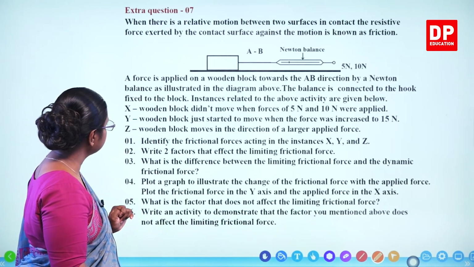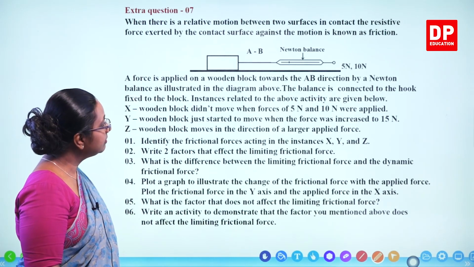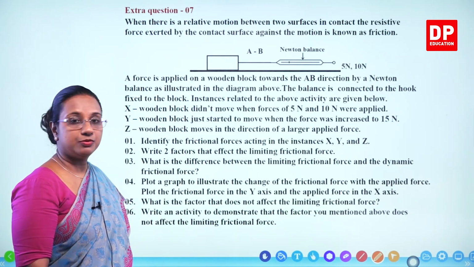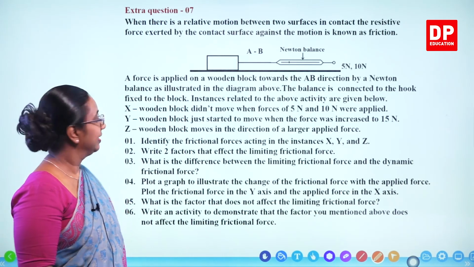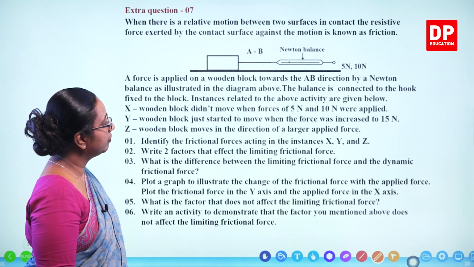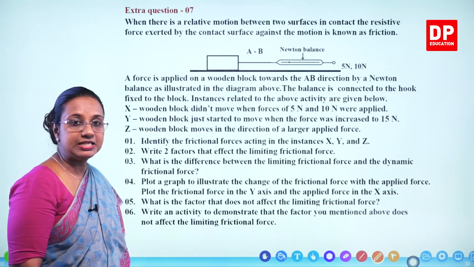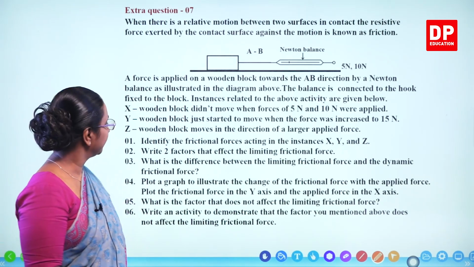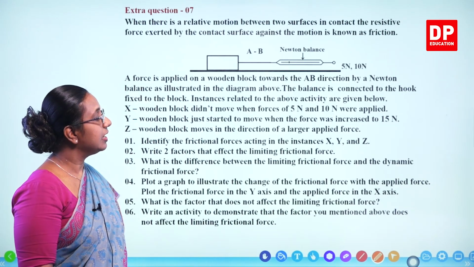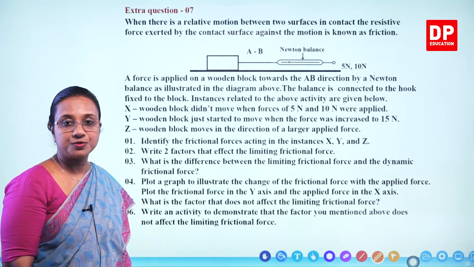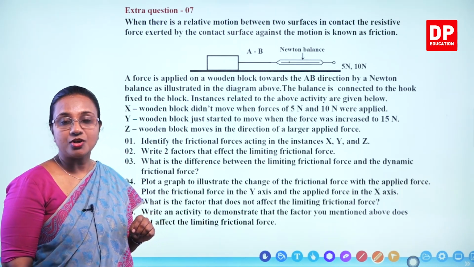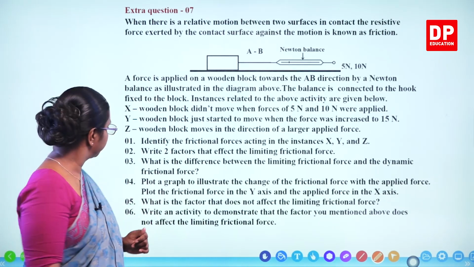The first instance: the wooden block didn't move when forces of 5 Newton and 10 Newton were applied. The wooden block just started to move when the force was increased to 15 Newton. The wooden block moves in the direction of a larger applied force. So you can see these are the 3 different instances of frictional force.